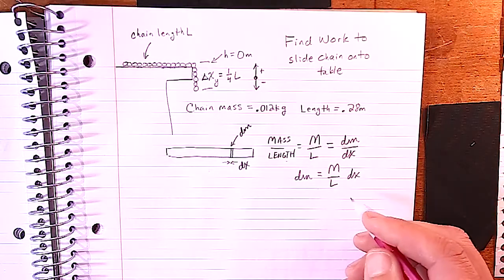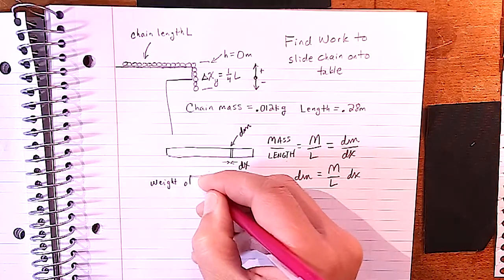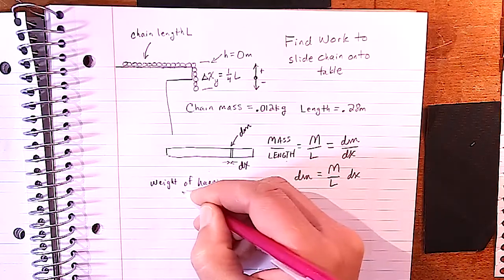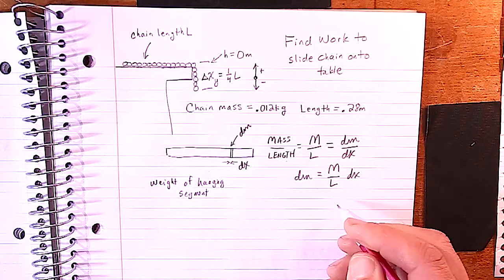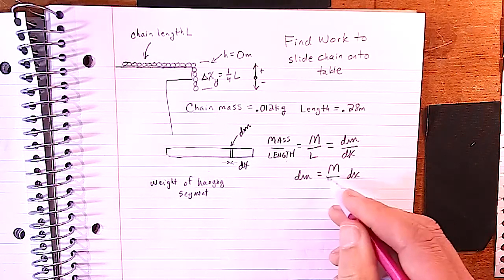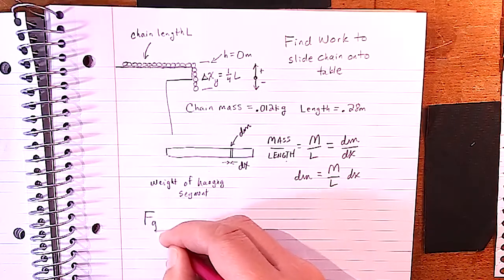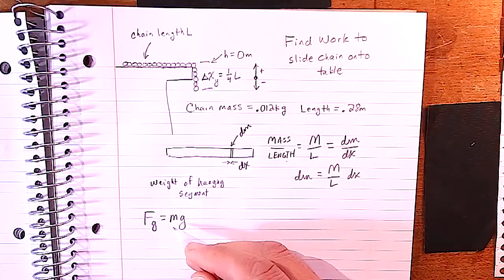So what is the weight of the hanging segment? Like, how much does it weigh, the part that's hanging over the edge? Remember, that's changing. But we want to be able to write that in some expression, and we would say Fg equals mg, but remember that m is changing.